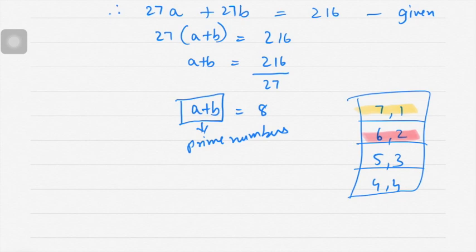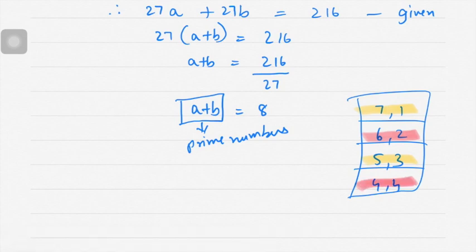6 and 2. 2 is a prime number. 6 is not a prime number. You want both numbers to be prime numbers. Correct? So 6 and 2, you cannot take. Next, 5 and 3. What about 5 and 3? Both are prime numbers.